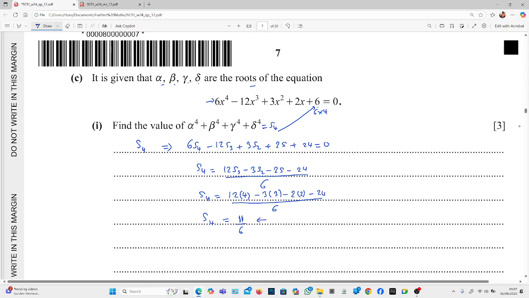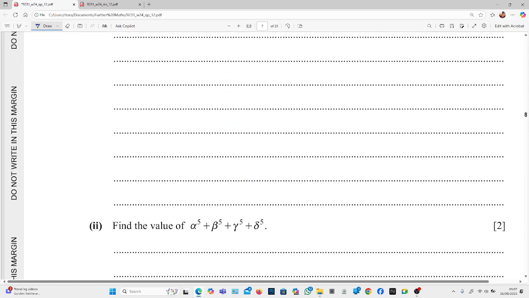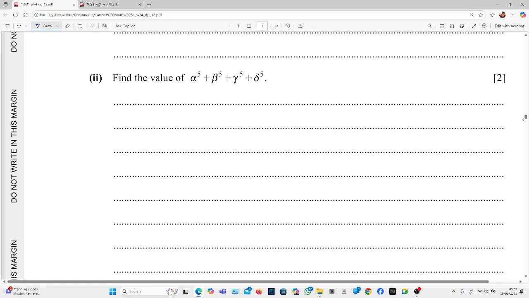Moving on to part 2 of the final, we need to find alpha to the 5 plus beta to the 5 and so on. So again, the recurrence formula comes into play. So we just need to copy down the equation first, which is what we have been given over here.